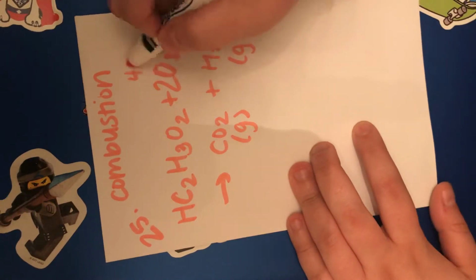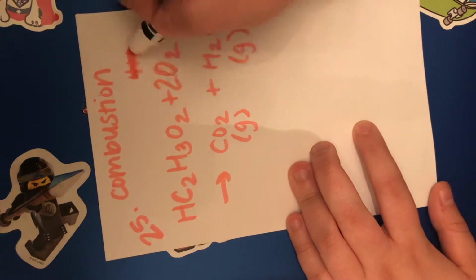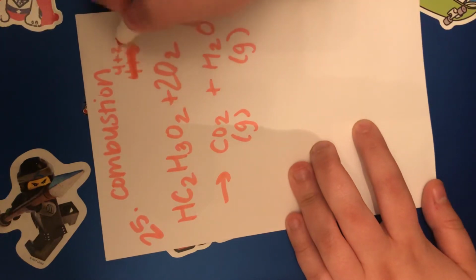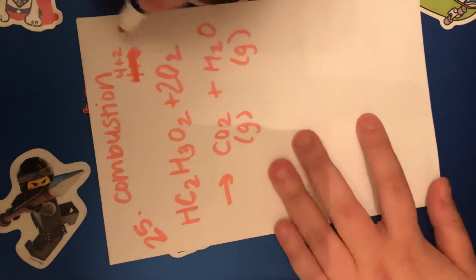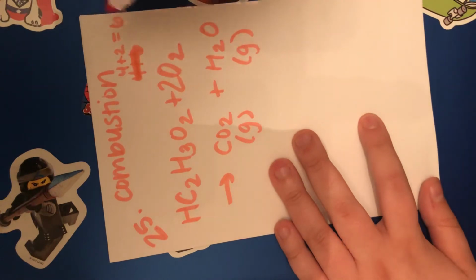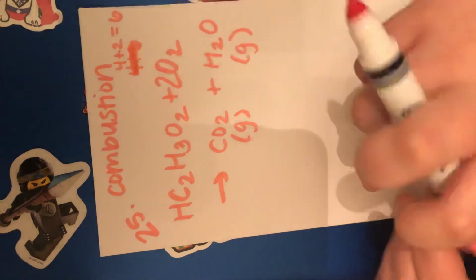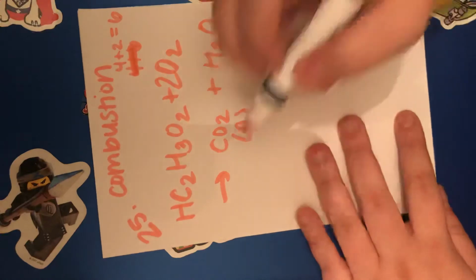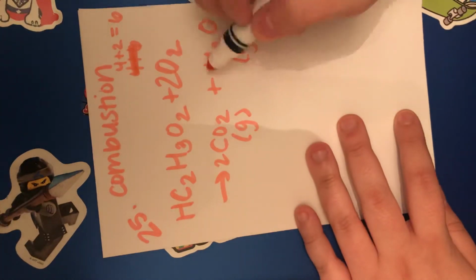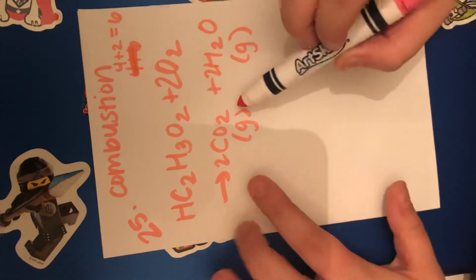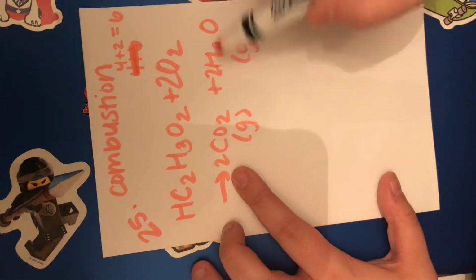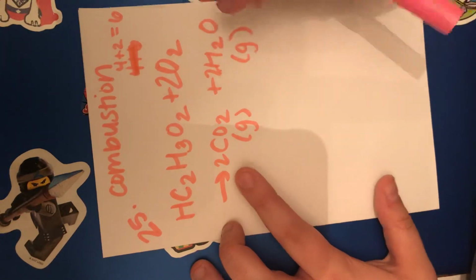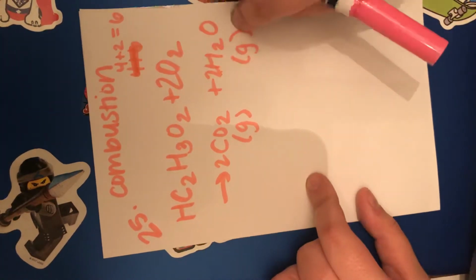So we have 4 plus 2 equals 6. So we have 6 oxygens on this side. And we can do 2 here and 2 here to where we can have 4 oxygens on this side plus another 2. So there's 6 oxygens on the products and reactants side.